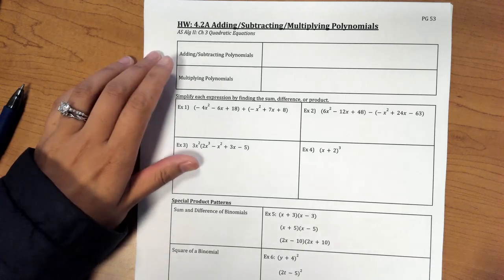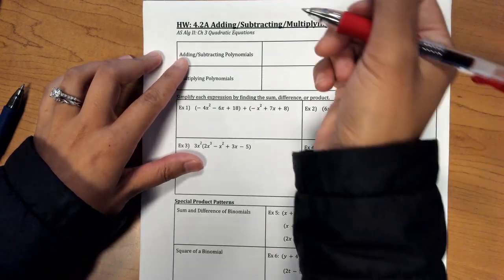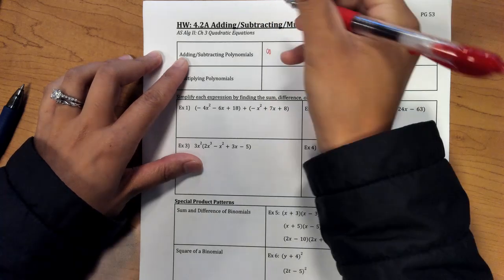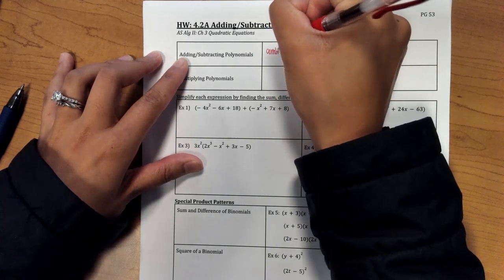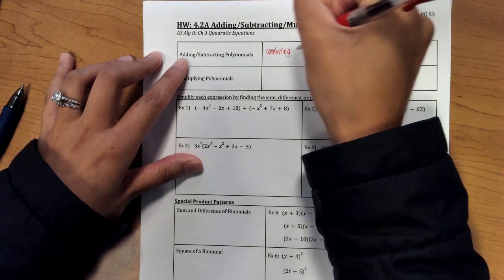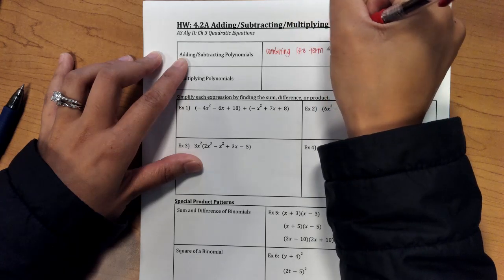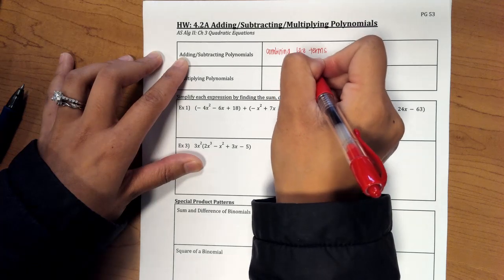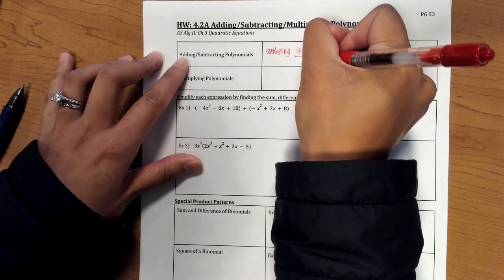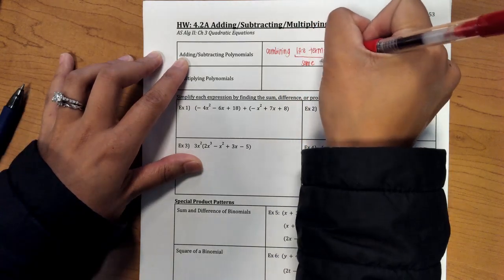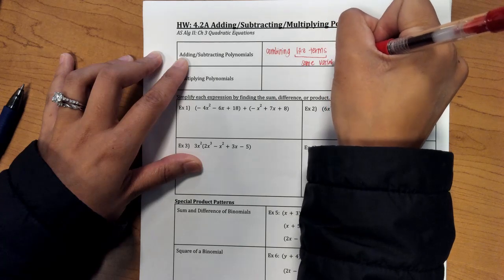Don't overthink things. When we add and subtract polynomials, we are combining like terms. Now, what makes something a like term? You have to have the same variable exponents.